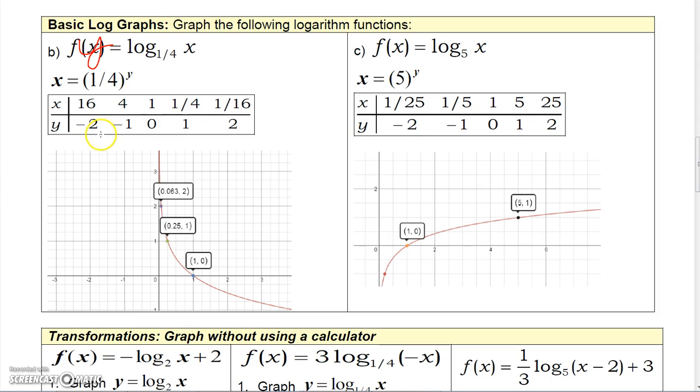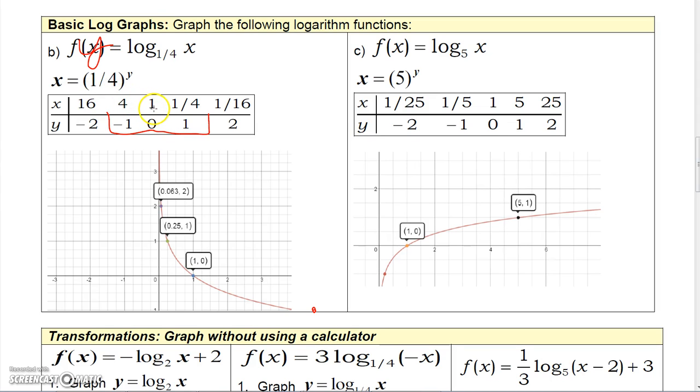Now, I'm only going to focus on these three values in the middle here because the others go off my chart. But I know that when y is -1, x would be 4, so the point 4, -1 would be on the graph. Well, that would be way over here, somewhere down here, so that would be 4, -1. It's on my graph.